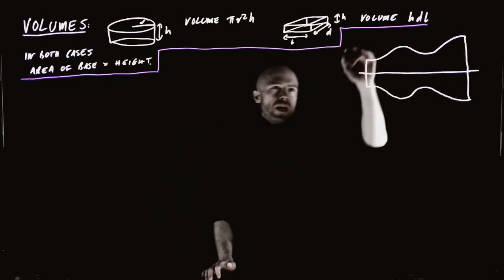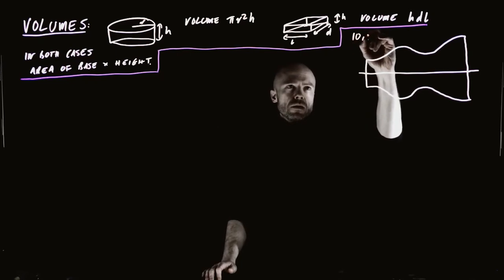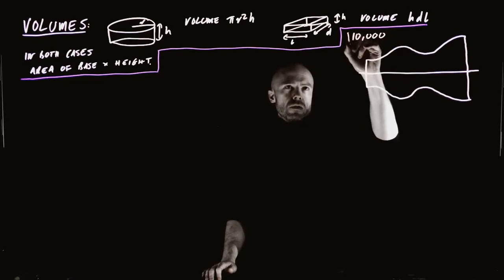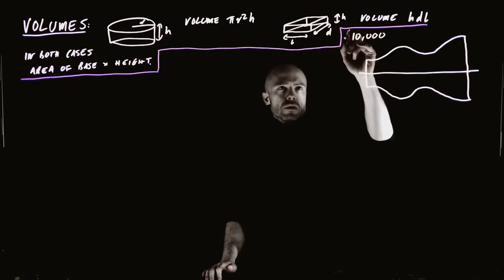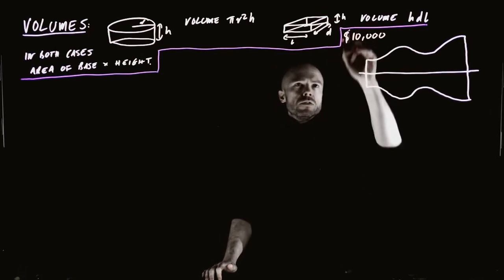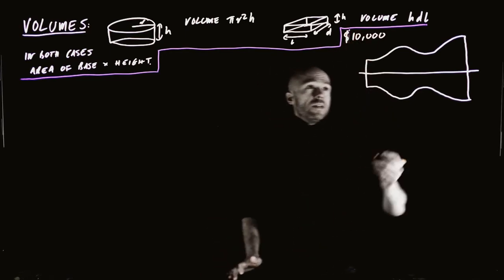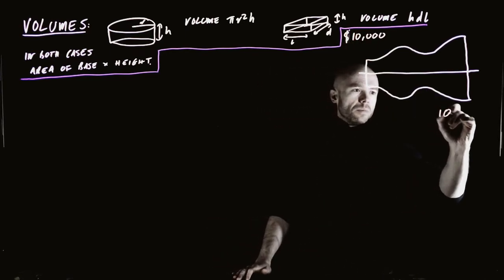Okay, so you've paid $10,000 for this gourmet sausage, and it's meant to have 10 cubic centimeters.